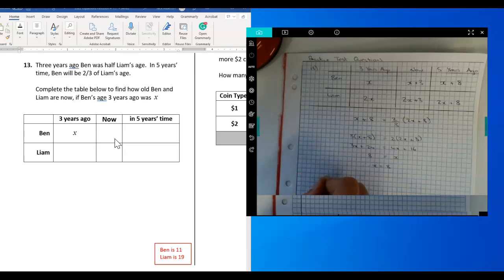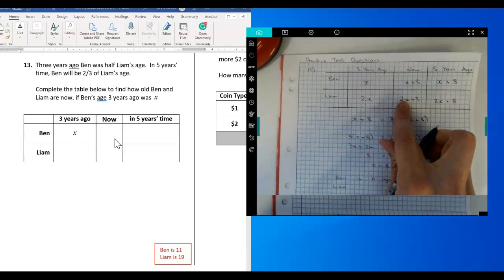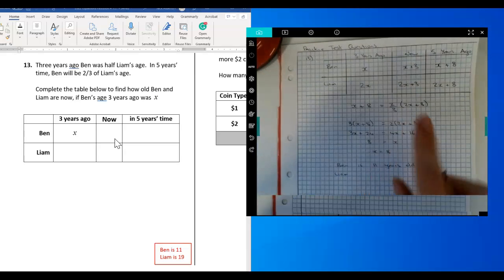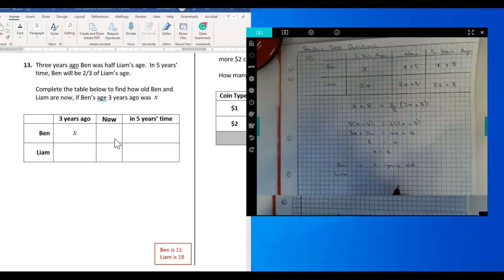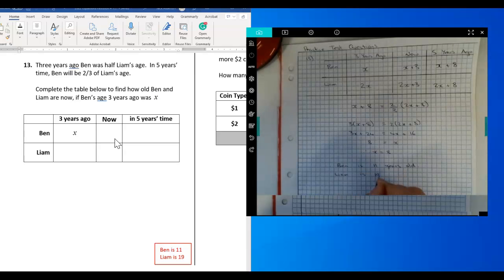So therefore Ben is 11 years old, and Liam is going to be 2x plus 3, so x is 8, so that's going to be 16 plus 3, which is 19. And Liam is 19 years old.